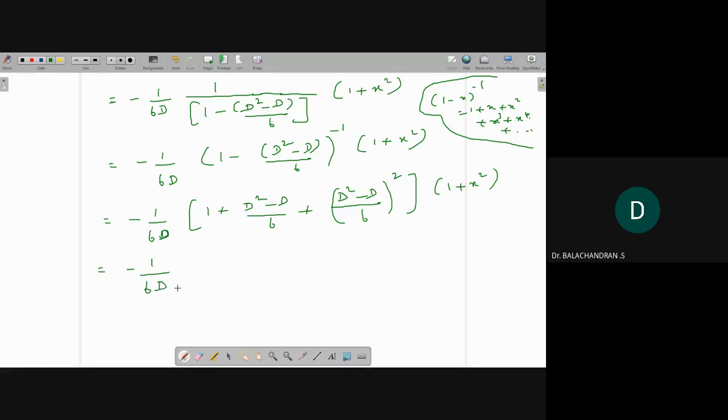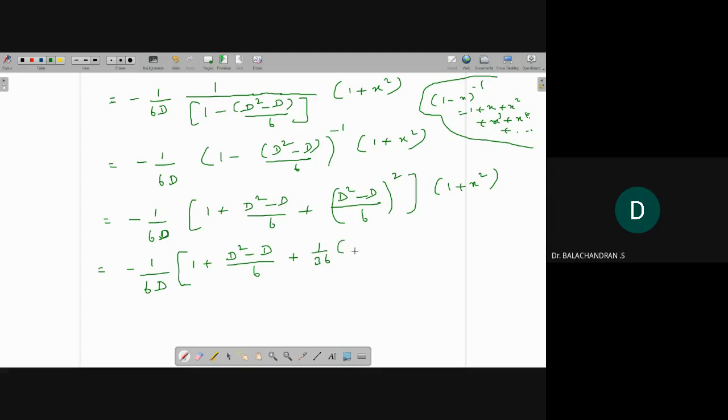Minus 1 by 6D. Okay, now expand it. Expand 1 plus d square minus d by 6. Okay, now expand it, 1 by 36.